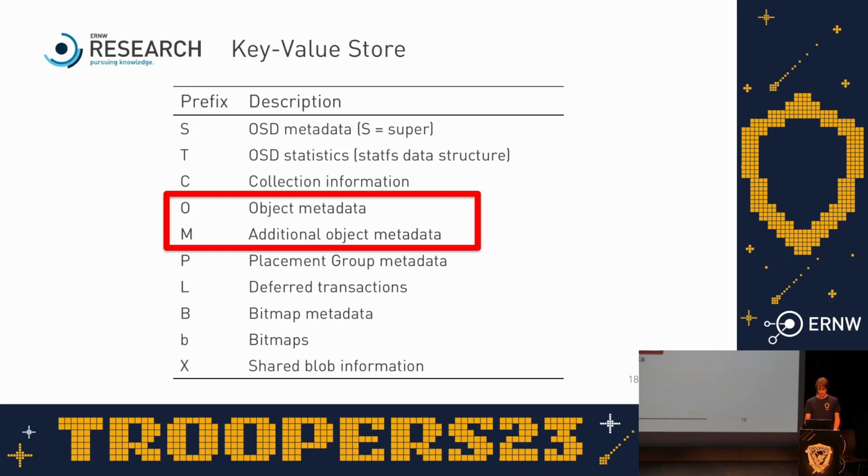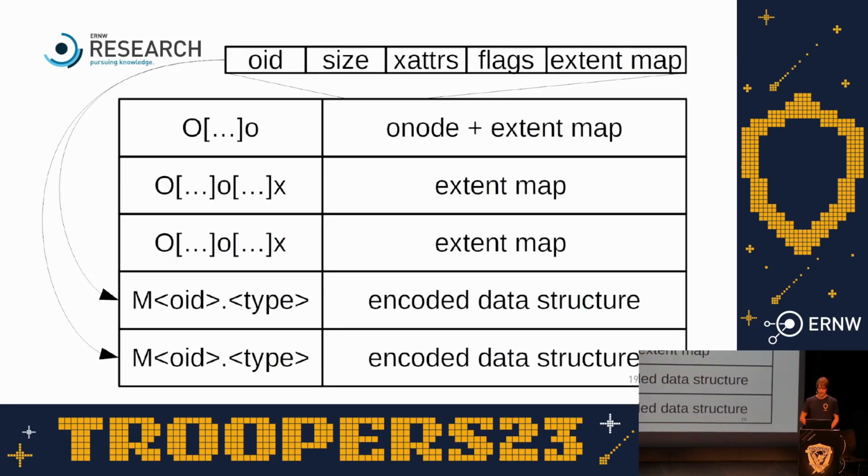And to understand how those different metadata entries work together, I have this handy chart. So you look at, for example, a key that starts with uppercase O. Then we have behind that the name of the object. Afterwards, there's a lowercase o.